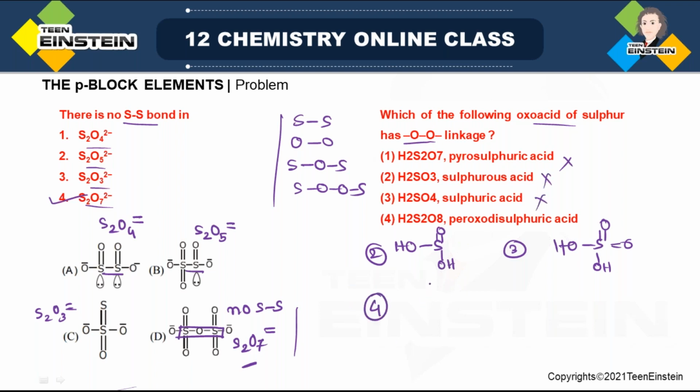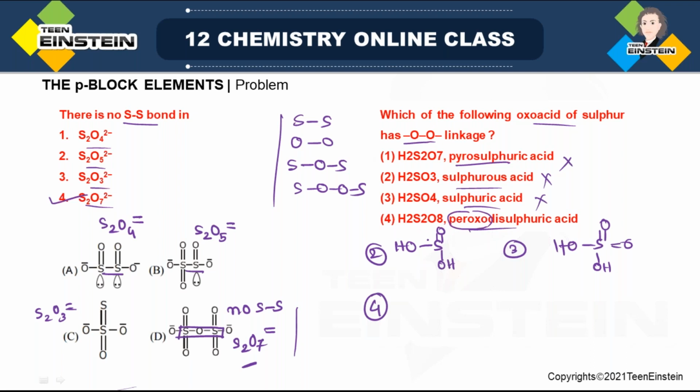So H2S2O8, peroxodisulfuric acid. Just see here, luckily these names are given in the question. So even if you do not know the detailed structure, just focus on this part. It contains the term peroxo. That means an O-O linkage will be present here.